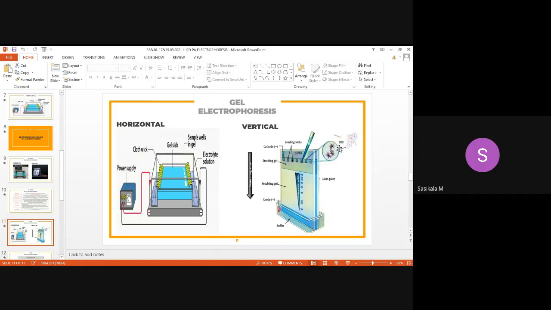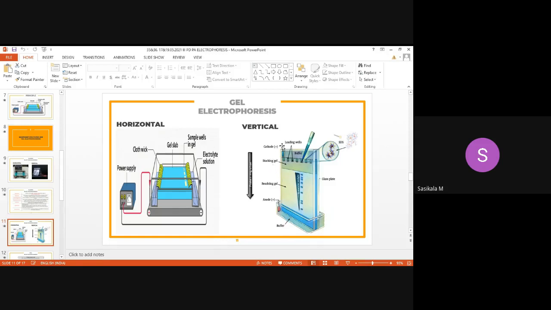Which gel electrophoresis is widely used for clinical sample separation? SDS-PAGE. So polyacrylamide gel combined with SDS is used for separation.